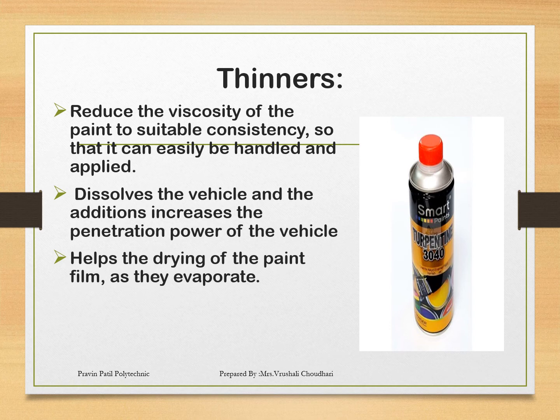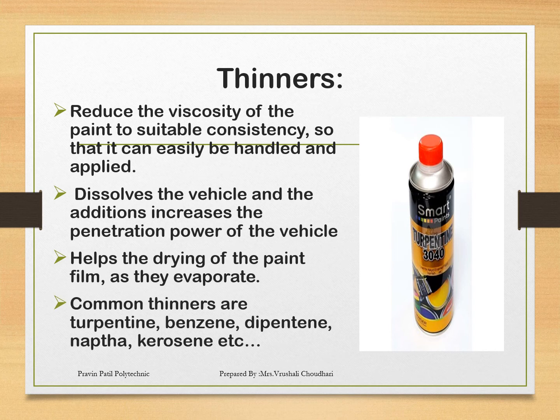Thinners are easily evaporating substances, so they are just dissolving or reducing the viscosity of the oils, and after applying, the thinner gets evaporated. Common examples of thinner are turpentine, benzene, dipentene, naphtha, kerosene.